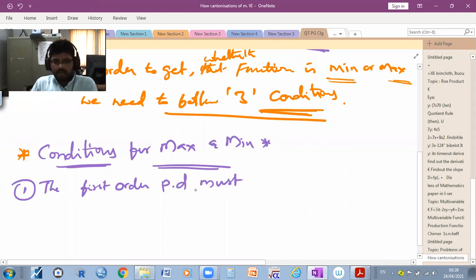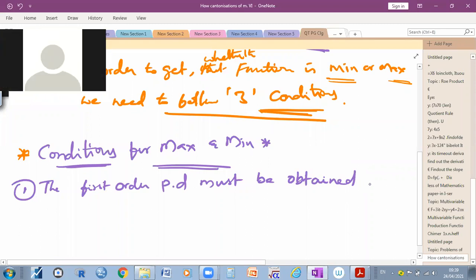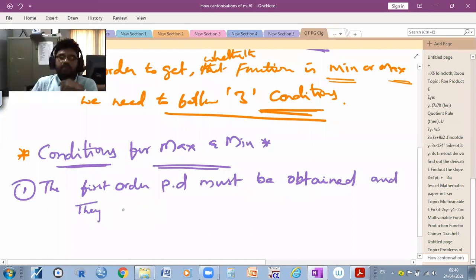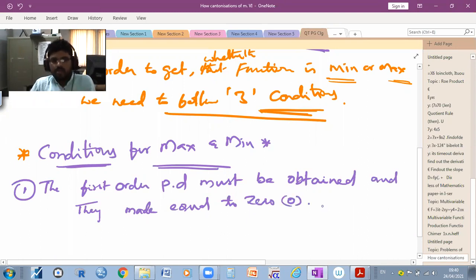The first order partial derivative must be obtained and made equal to 0.